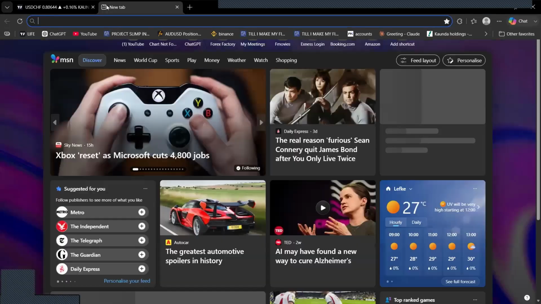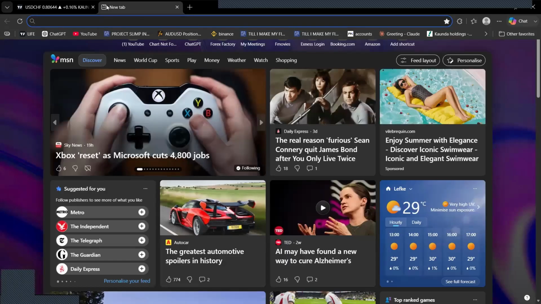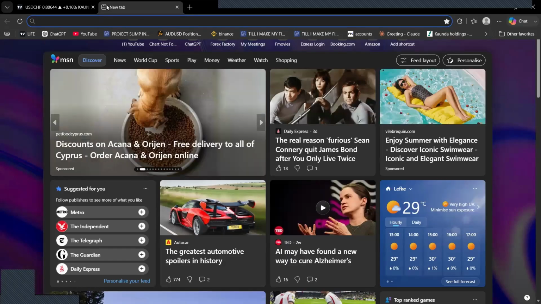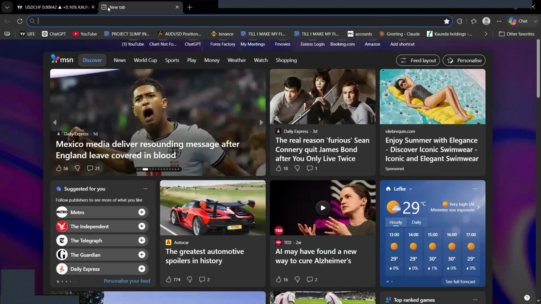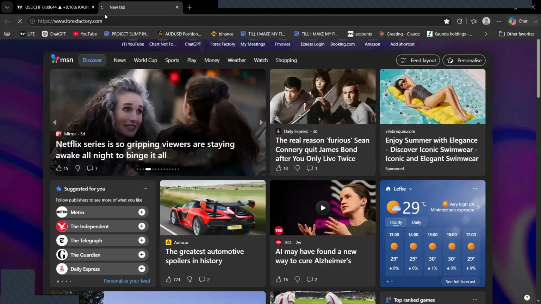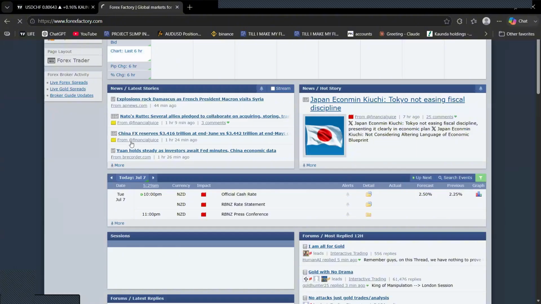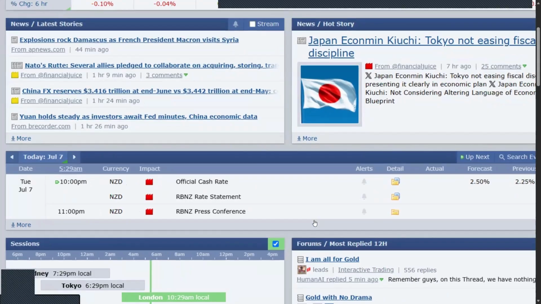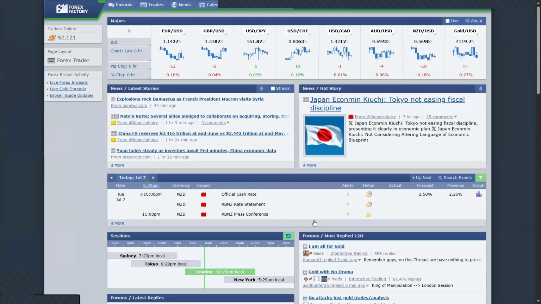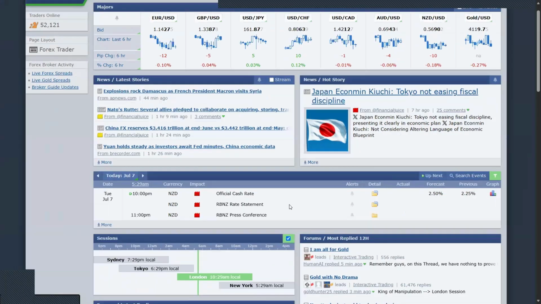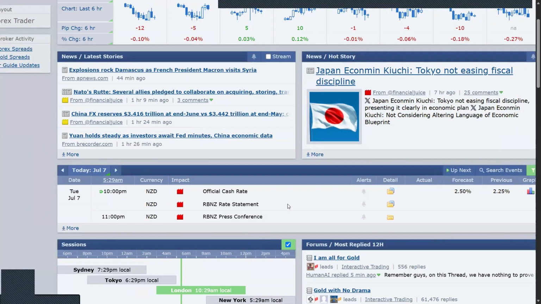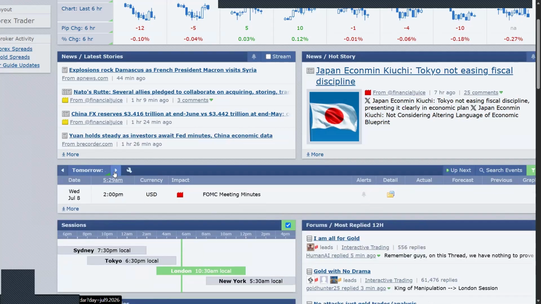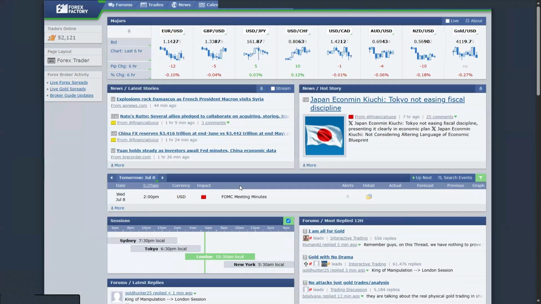Let me first check if we have any news that can drive the market. We have NZD news today, but way later in the evening. Tomorrow we have the minutes.